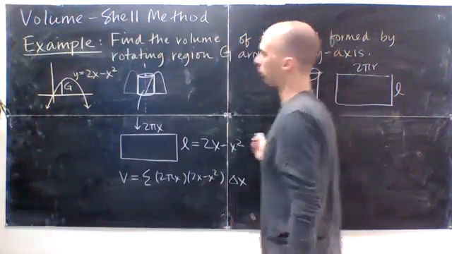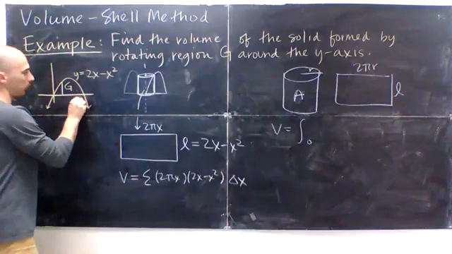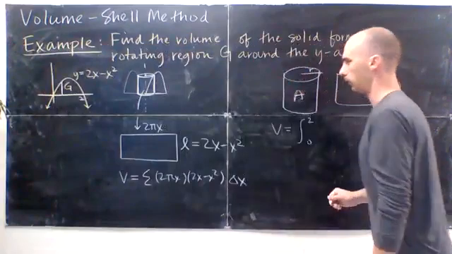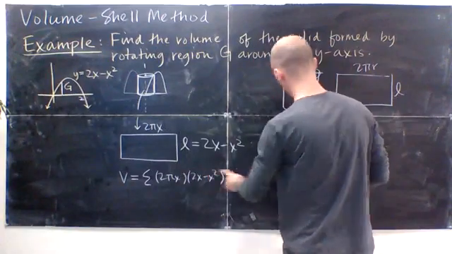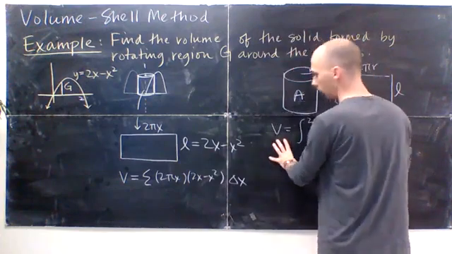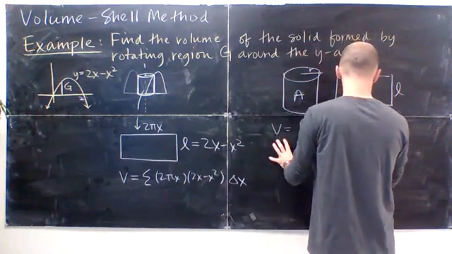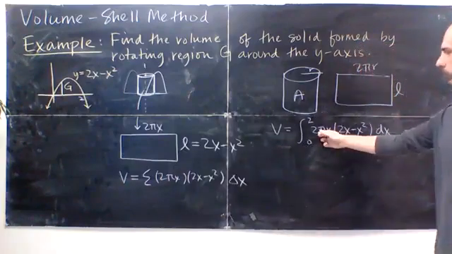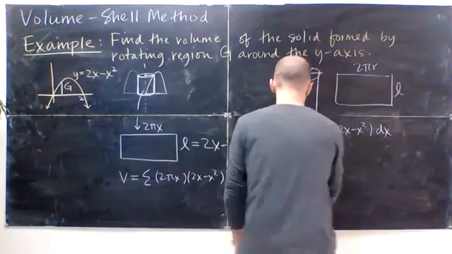As x runs from 0 up to, okay, that intercept is going to be 2, of this thing, 2 pi x times 2x minus x squared dx. Okay, first thing I'm going to want to do is factor out a 2 pi.